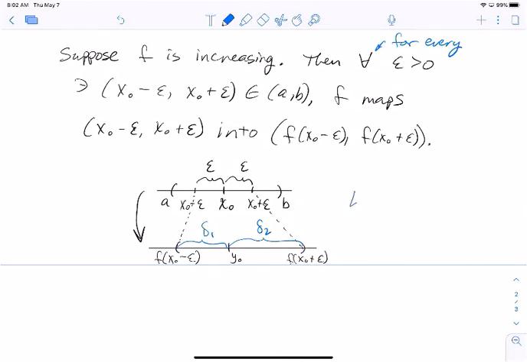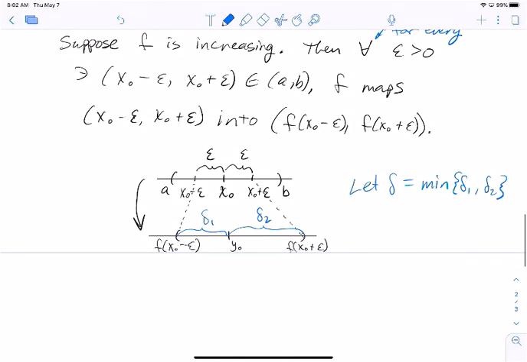For ease of writing, we're going to let simply delta equal the minimum of delta 1 and delta 2. It's not just for ease of writing, but that's one of the effects. So whichever of these two, delta 1 and delta 2, is smaller, we're going to label that delta. And the smaller of the two, the way I've drawn this, is on the left, so there's delta. And then reproducing that on the right will give me a symmetrical delta neighborhood about y naught.